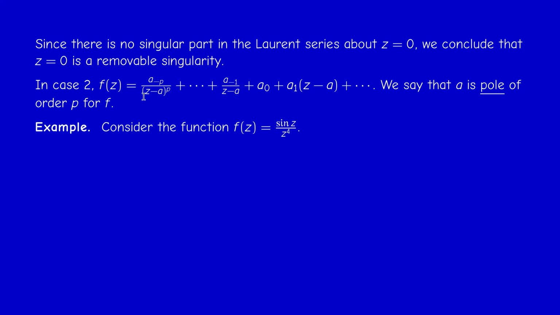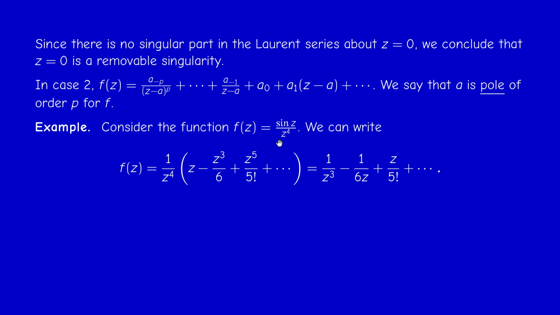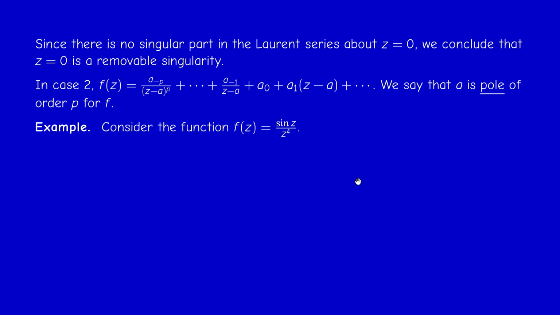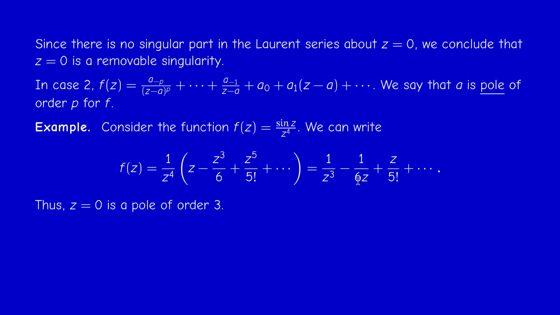So for example, if you consider the function sine z over z to the 4, and we do as we did before, we get a singular part consisting of 1 over z cubed minus 1 over 6z plus the regular part. Okay, now what do we see here? What is p here? p is 3. The residue is minus 1 over 6. Okay, so z equals 0 is a pole of order 3.